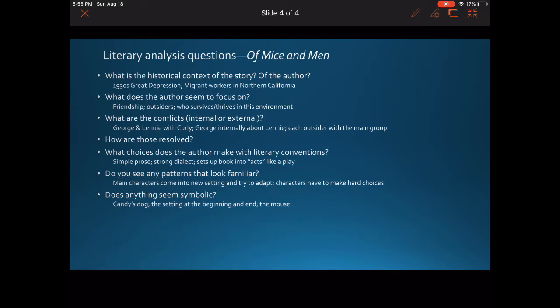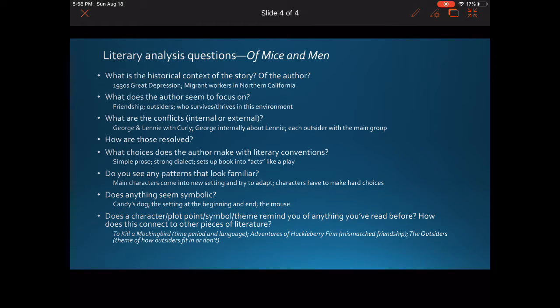The mouse is a symbol of these innocent, beautiful but innocent things. Does a character or plot point or theme or whatever remind you of anything you've read before? And for me, this book, just the setting reminds me of To Kill a Mockingbird. It's set kind of in the South in the Great Depression. It also reminds me of Huckleberry Finn, if anyone's read that, a mismatched friendship, the outsider.